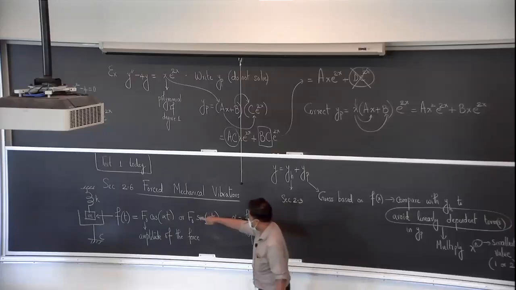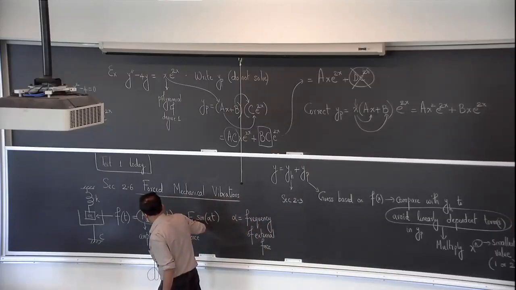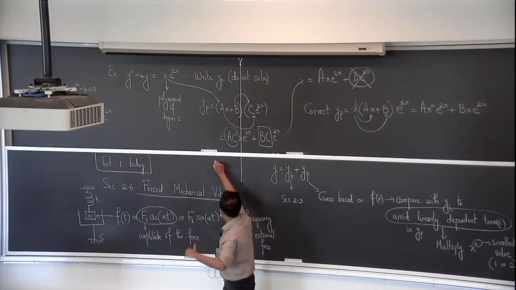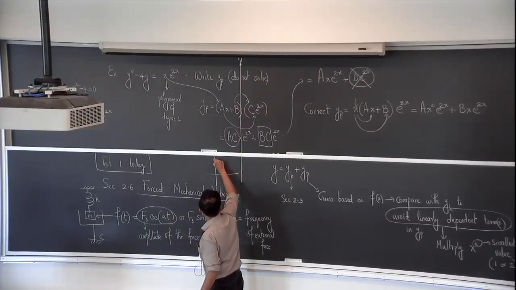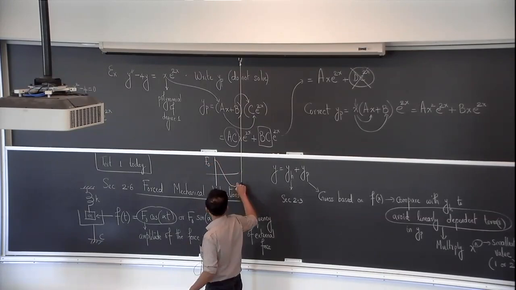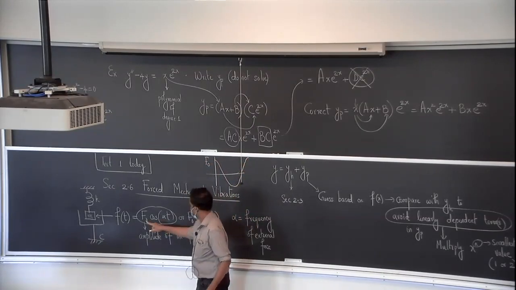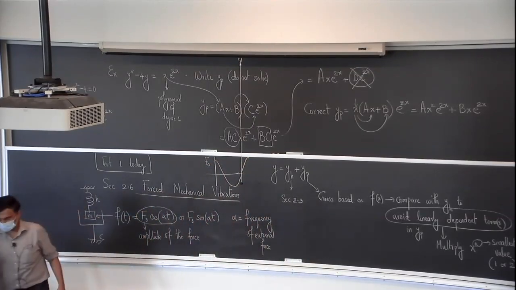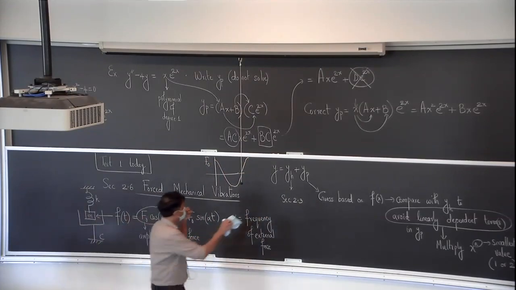So for example, F naught times cosine of alpha T starts at F naught and then slowly decreases, right? Cosine of 0 is 1. So it starts at F naught here and then decreases to 0, negative, which means it's in the opposite direction, comes back up. That is what this would look like. And similarly, if you have a sine function, you will be starting from 0 and going the other way.